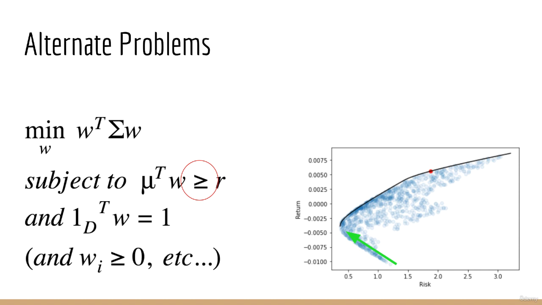All we need to do is replace the equality constraint on the target return with an inequality. We say that mu transpose W must be greater than or equal to the target return, rather than just equal. In this way, the quadratic program is allowed to minimize the risk with any larger return. You can imagine that this will push the solution upwards to the point where we have minimum variance.